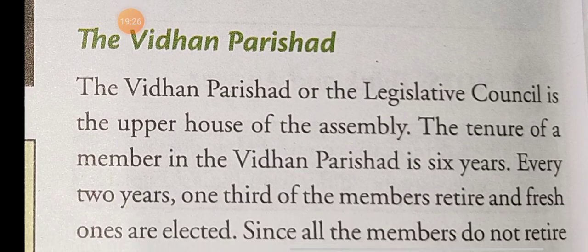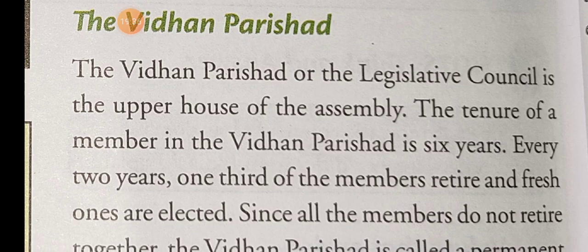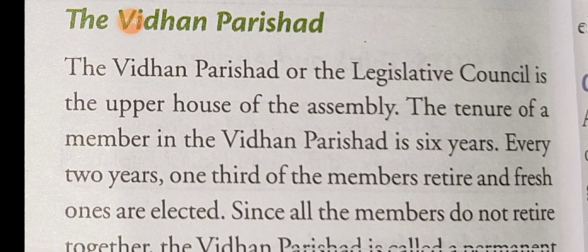Vidhan Parishad and Vidhan Sabha are the 2 houses of the legislature. So Vidhan Parishad is also known as the Legislative Council, and it is also called the upper house of the assembly.